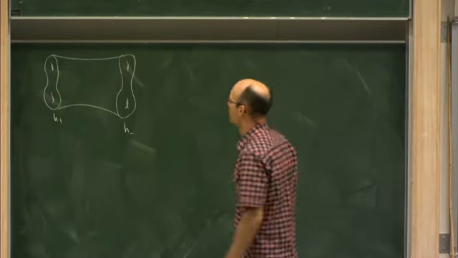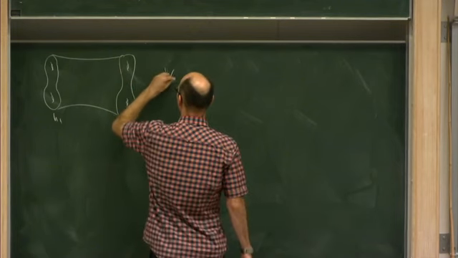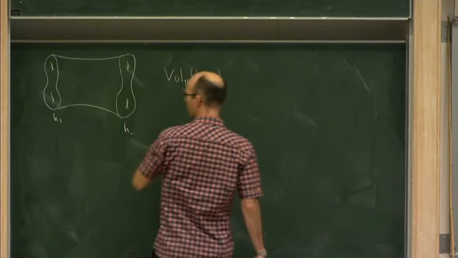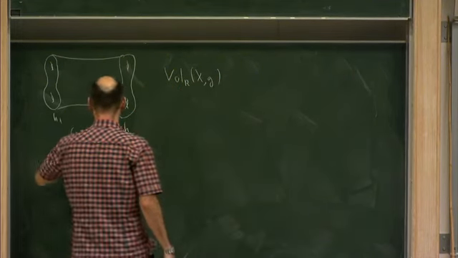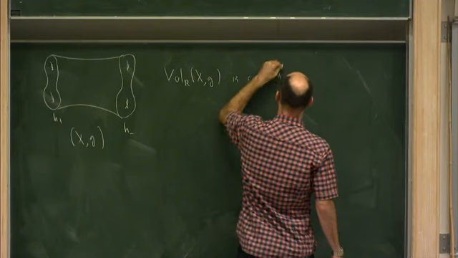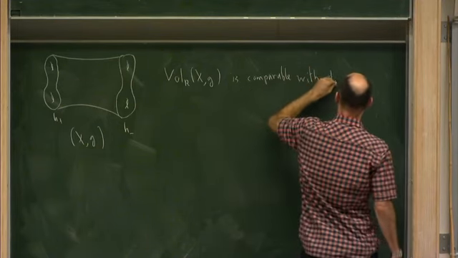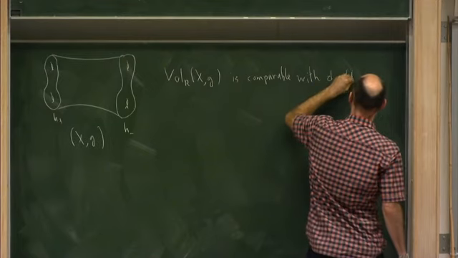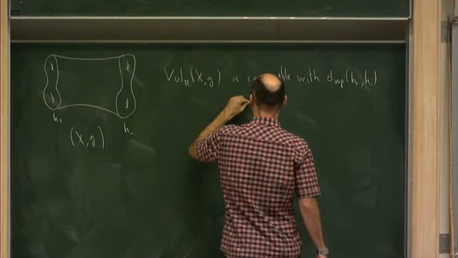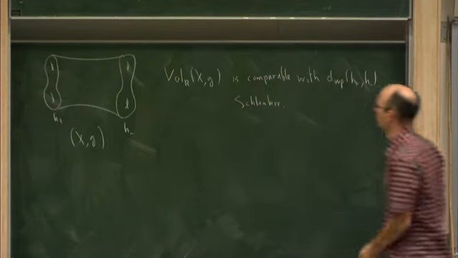And what happens is that in this case, the Renormalized volume of this metric is comparable with the Weil-Petersson distance between h plus and h minus. That's a result of Schlenker.